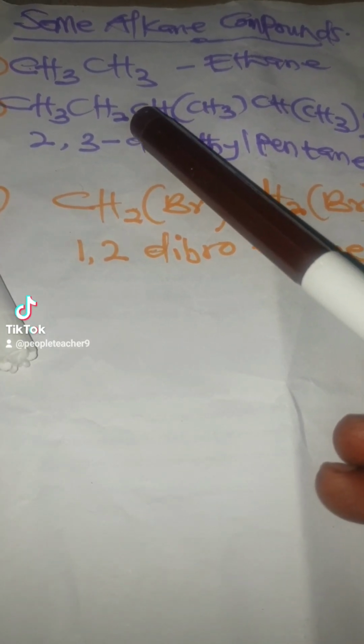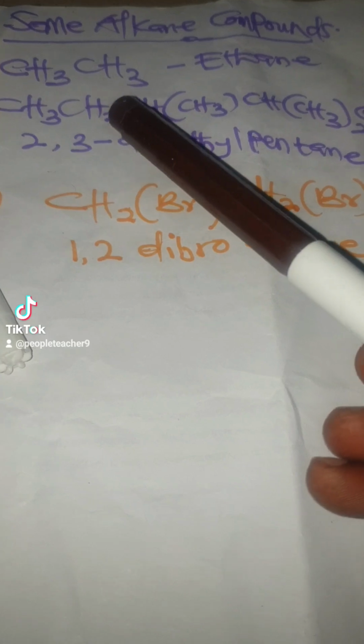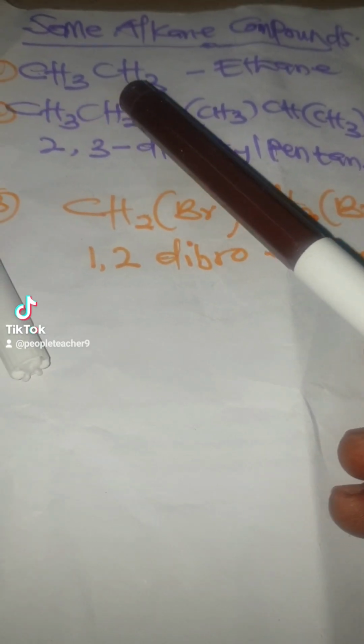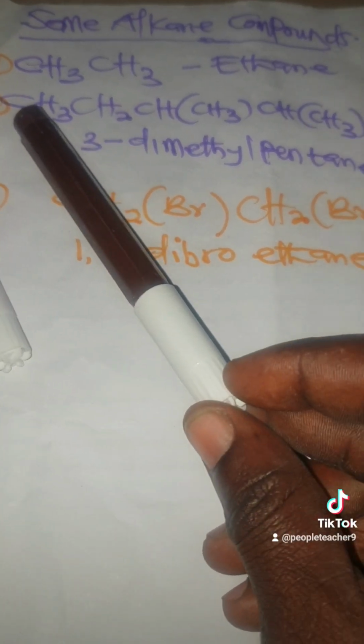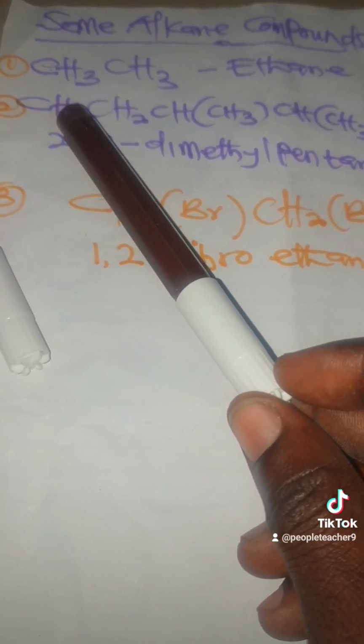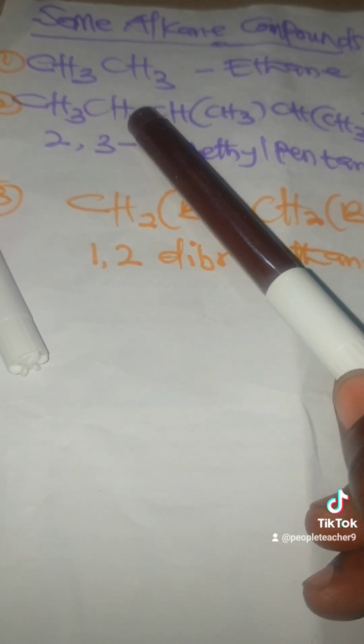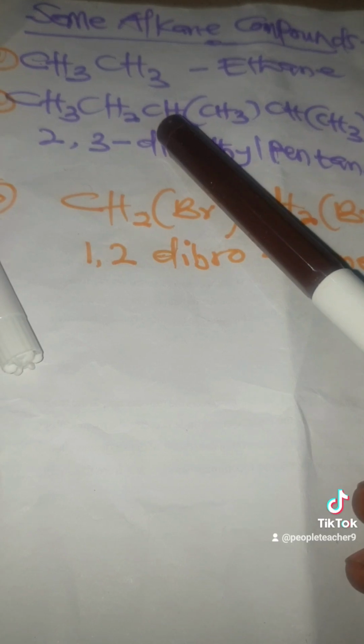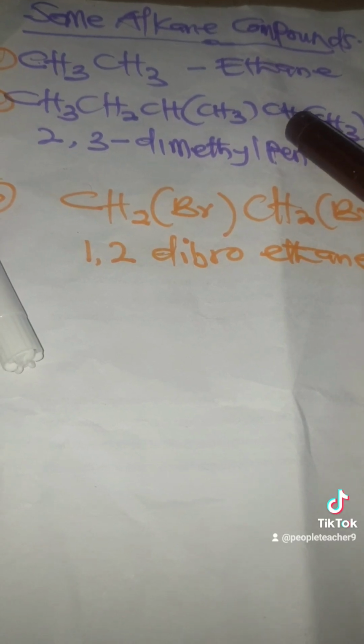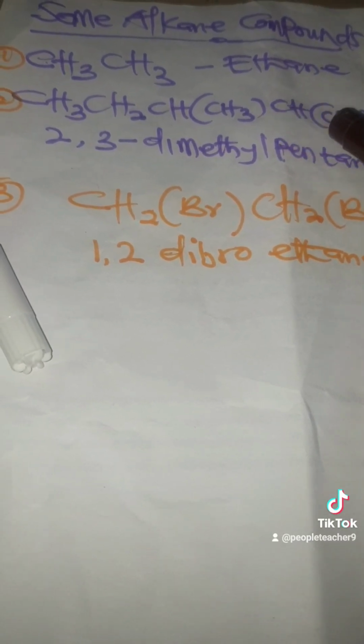So if we want to put up the structural formula of this compound, it will be this carbon atom bonding with 3 hydrogens, and this carbon also bonding with 2 hydrogens, this carbon also bonding with 1 hydrogen and 1 methyl compound. And then it will continue to bond with this hydrogen as well as this.